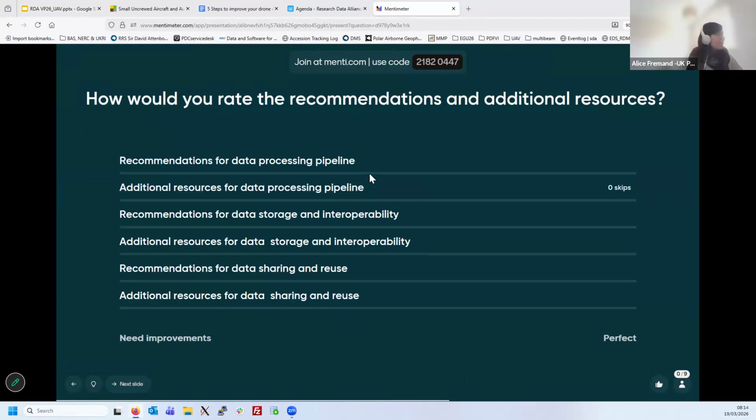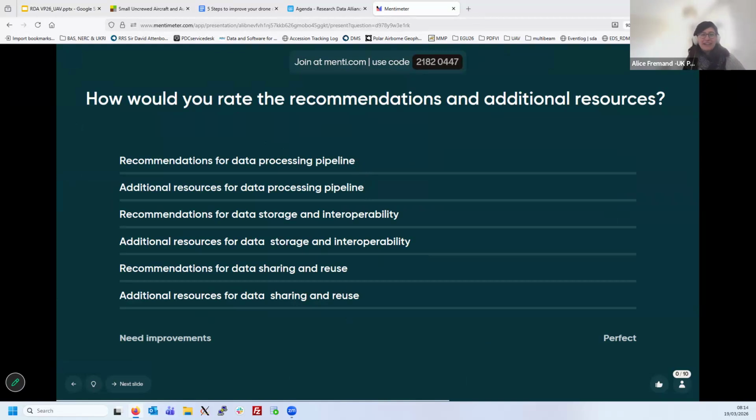So yeah, the question is regarding the second part of our presentation, where we discussed the recommendations regarding the processing pipeline, the data storage and interoperability stages, and also the data sharing and reuse.